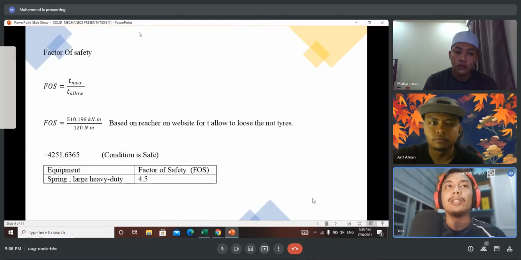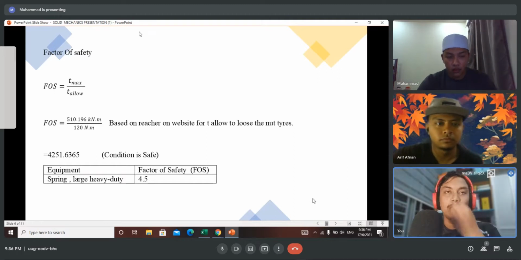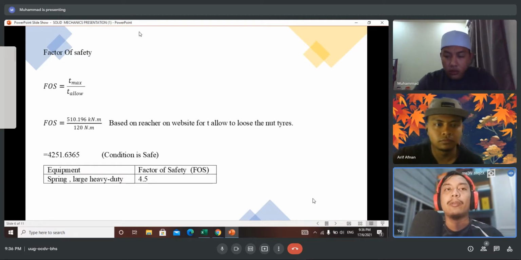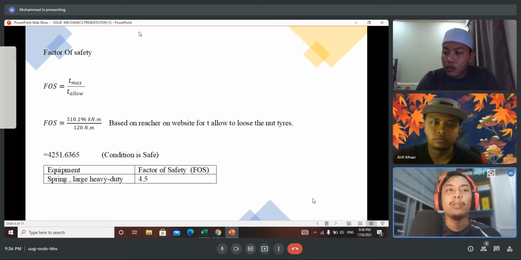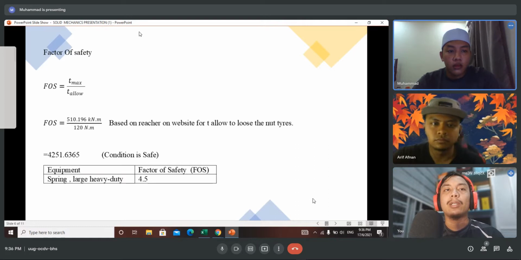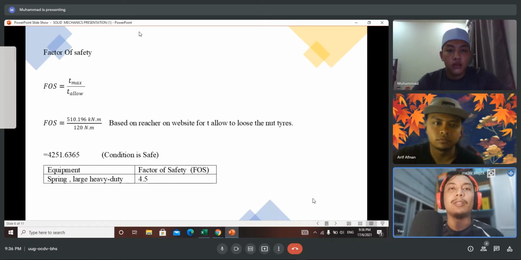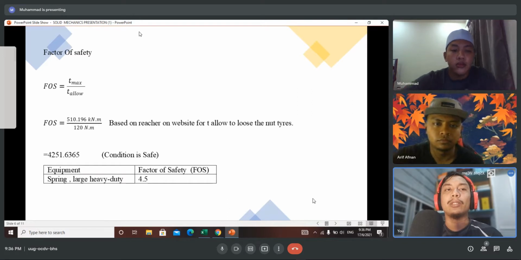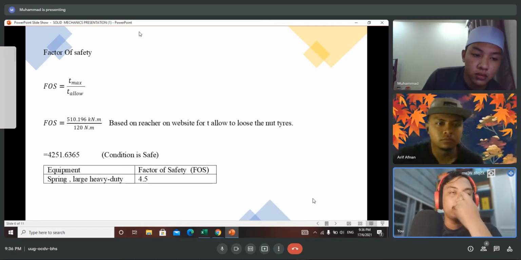Okay, the factor of safety. We use the formula: factor of safety equals T max divided by T allowed. T max we got is 510.16 newton meter, and based on the research, divided by T allowed, we got 425.6365.